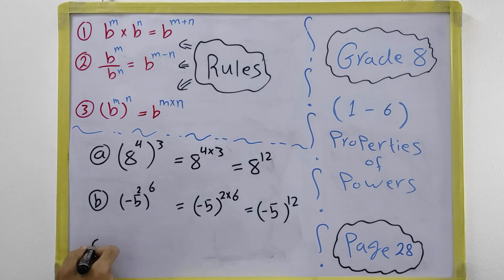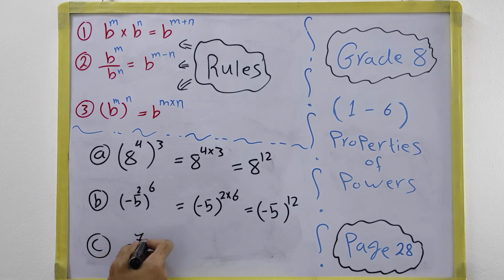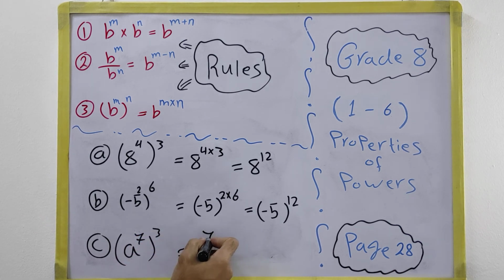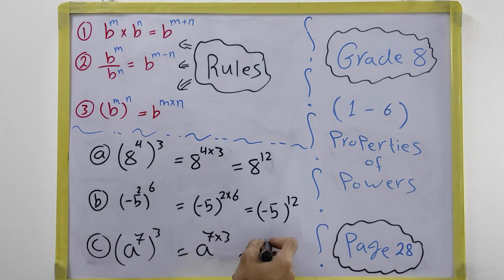Then another example about this one, a to the power of 7 to the power of 3 equals a to the power of 7 times 3, which would be a to the power of 21.